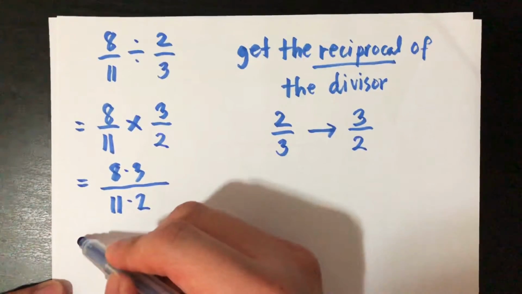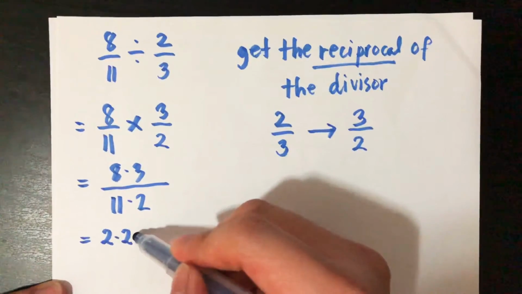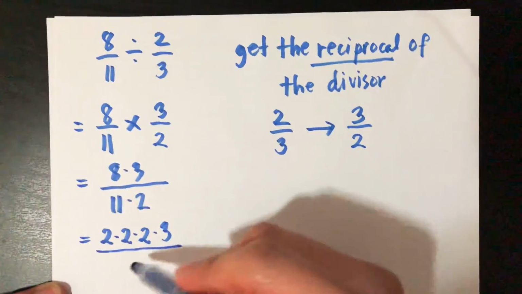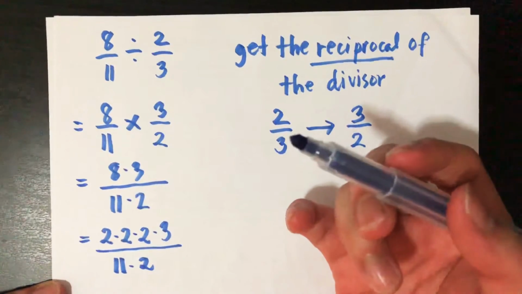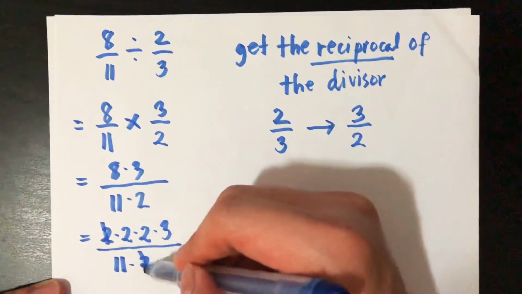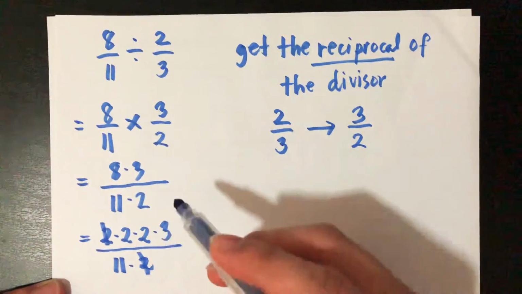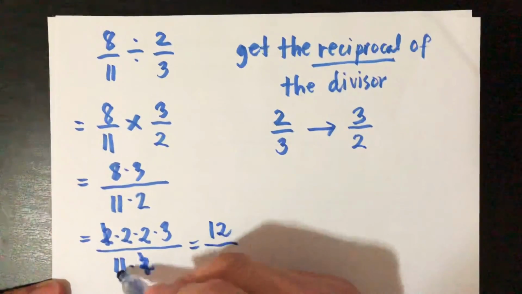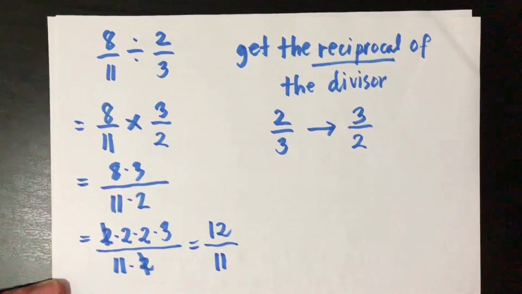The prime factors of 8 are 2 times 2 times 2, times 3, over 11 times 2. The next step is to cancel the common factors, which is 2. So we have 2 times 2 times 3, which is 12, over 11.